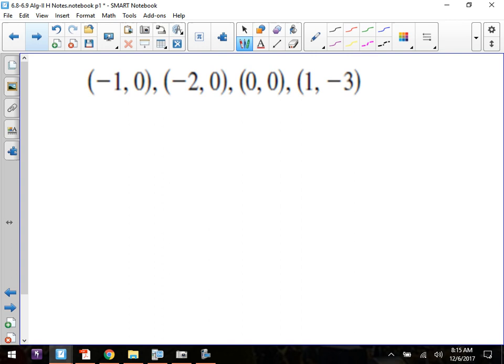So I have ordered pairs (-1, 0), (-2, 0), (0, 0), and (1, -3). Which means I have three zeros: at -1, -2, and 0. Which means, what are my three terms? x plus 1, x plus 2, and x. To add to all of this, I put in a equals y.